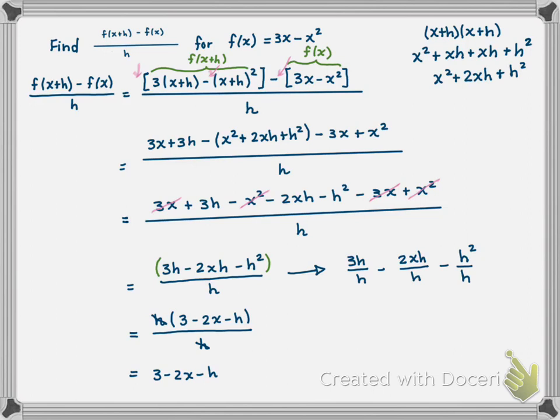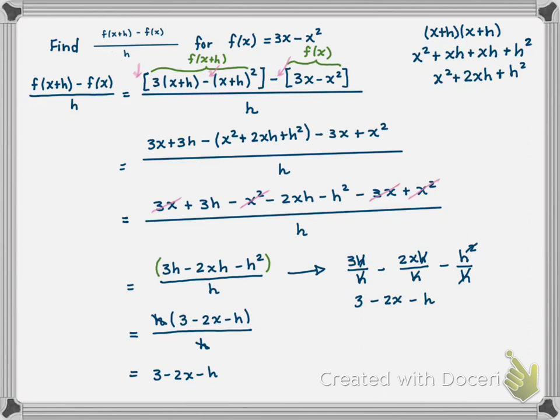And then you'll see, you get the same thing either way, right? So we can factor out the h, or we can split it up into three separate fractions, or however many terms you have, and these h's cancel. So whichever one of those seems more intuitive to you as far as simplifying that last step.